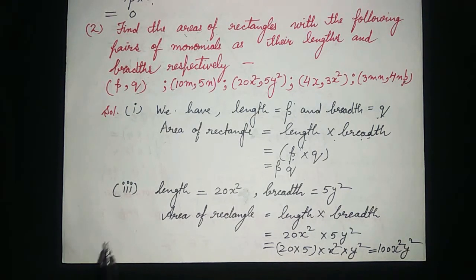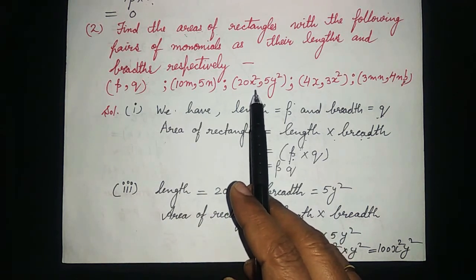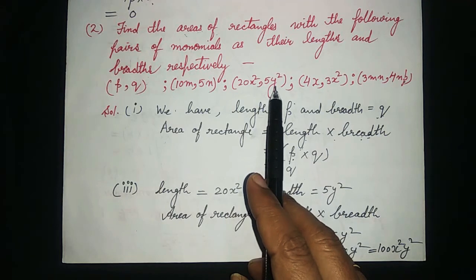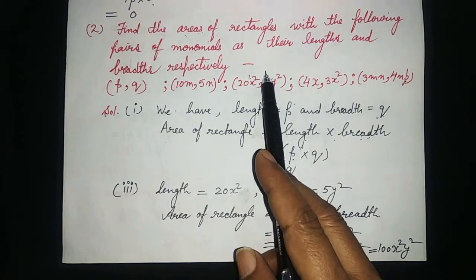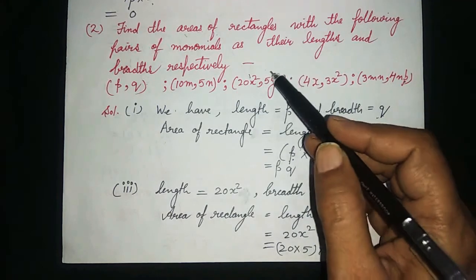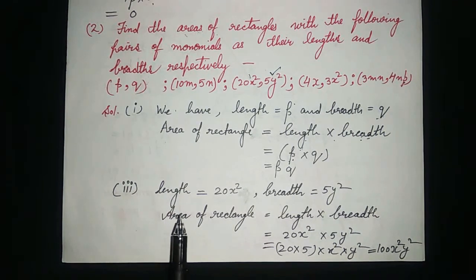Now see the third part. Third part is 20x square, 5y square. Here length we will take 20x square and breadth we will take 5y square. Now in the same way like first part we will write length and breadth first.